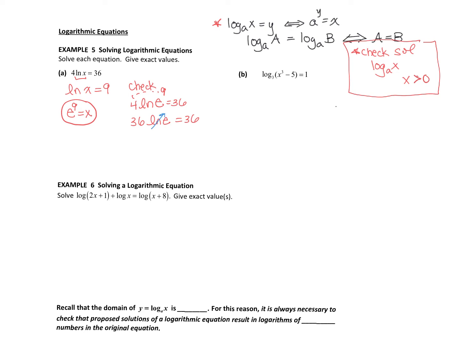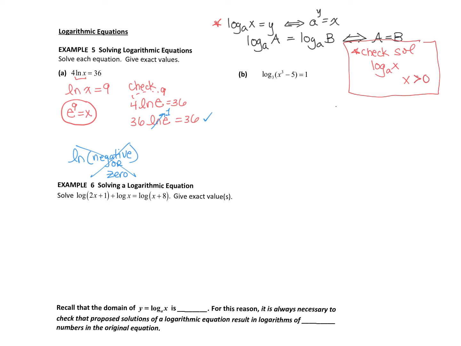And since the natural log of e is 1, this in fact checks. What we're checking for mostly is that I'm not trying to take the log of a negative number. If I'm asked to take the log of a negative or 0, then that's when we're going to toss that answer out.